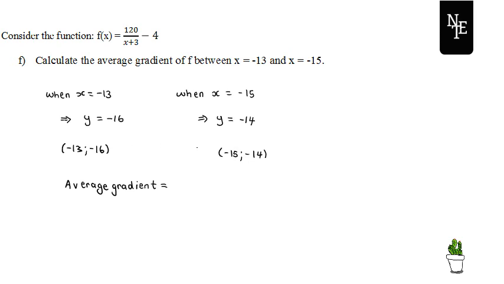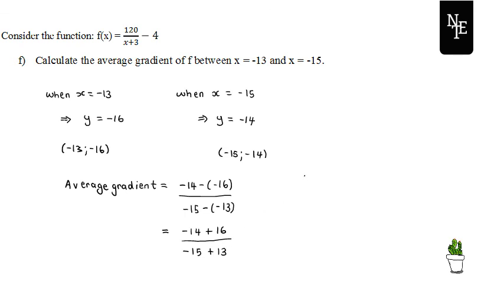And you just need to make sure that you always start with the same coordinates, right? So I'm going to use this negative 15, negative 14 as my starting coordinates. So I'm going to have negative 14 minus a negative 16, and that's going to be divided by negative 15 minus negative 13. Okay, so that's going to simplify to negative 14 plus 16 divided by negative 15 plus 13.